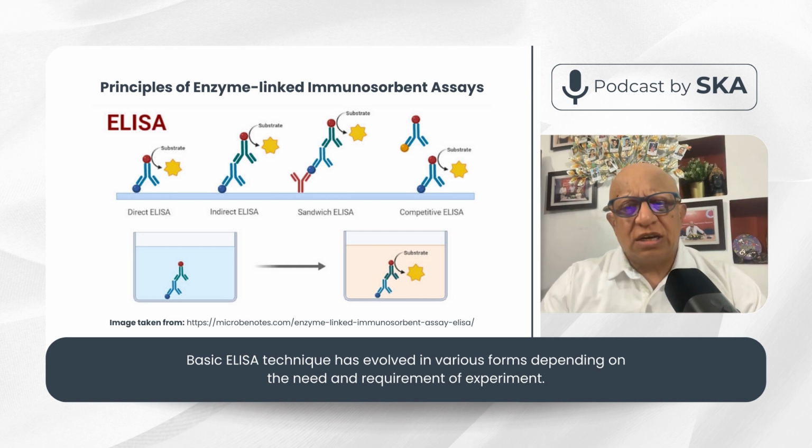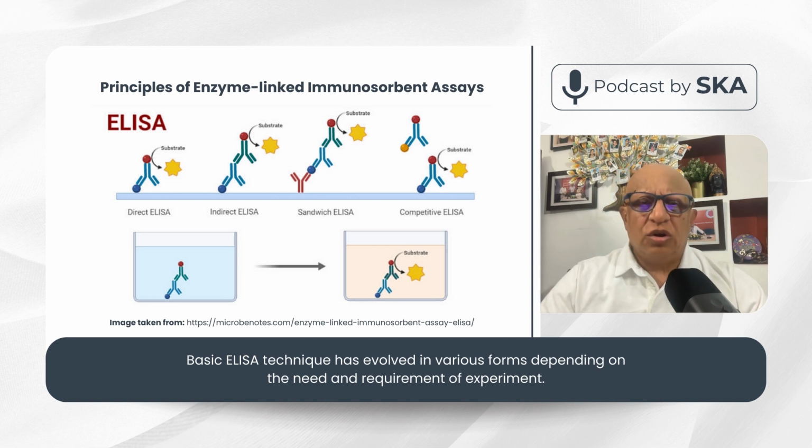We already discussed the direct ELISA, indirect ELISA, then we talked about sandwich ELISA, and we also talked about the adaptation of all these kinds of ELISAs into a competitive kind of ELISA. This was basically to enhance the sensitivity of the assay.